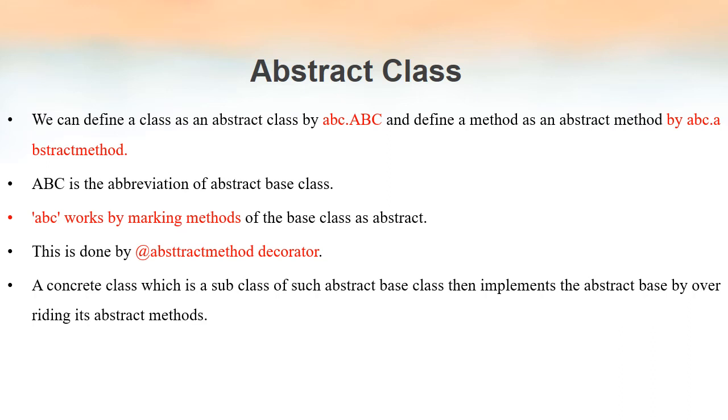That is what the last line means. So the child class of an abstract class must provide the implementation of all the abstract methods inside the abstract class. If the child class forgot to provide the implementation of any of the abstract methods, then it will lead to a type error.